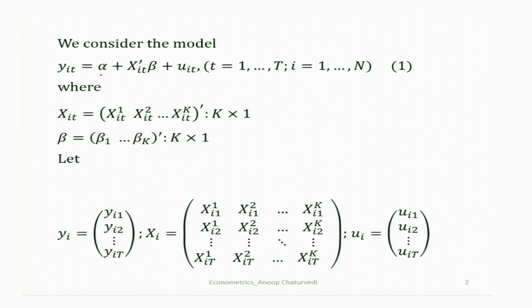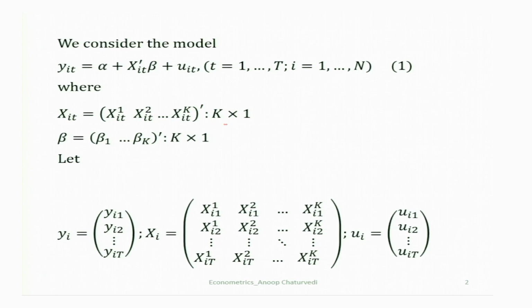Now, first we consider the model y_it equal to alpha plus x_it transpose beta plus u_it, t equal to 1 to capital T, i equal to 1 to n. So, obviously, we are considering a balanced panel, and then x_it is of the form x_it1, x_it2, and so on up to x_itk, transpose.